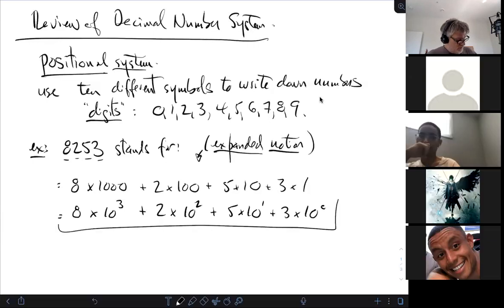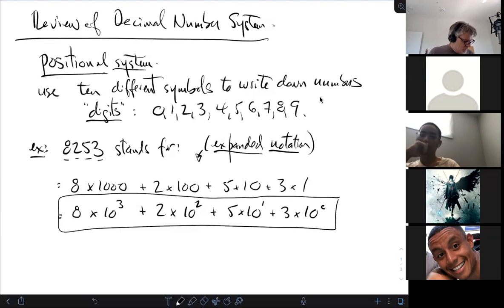So this is what we call the expanded notation. Let's fix that. Sorry about that. Okay, so this is basically what this means, right? Of course, there's a certain redundancy here, because I'm actually using the notation to explain the notation, but okay, bear with me.